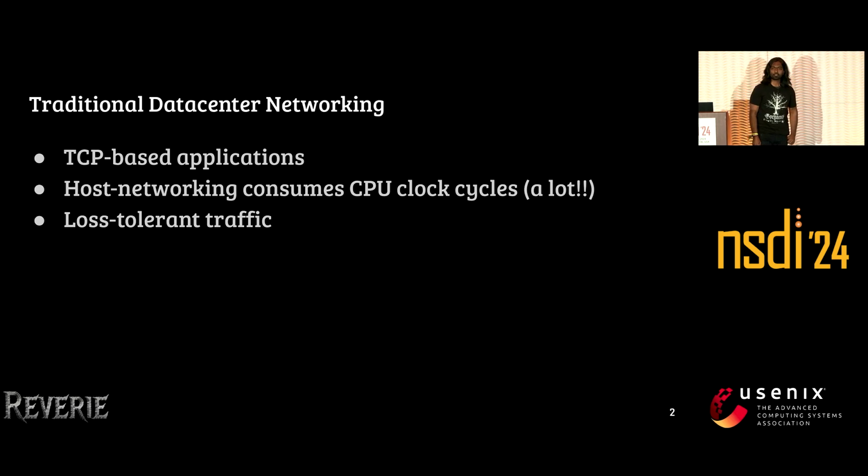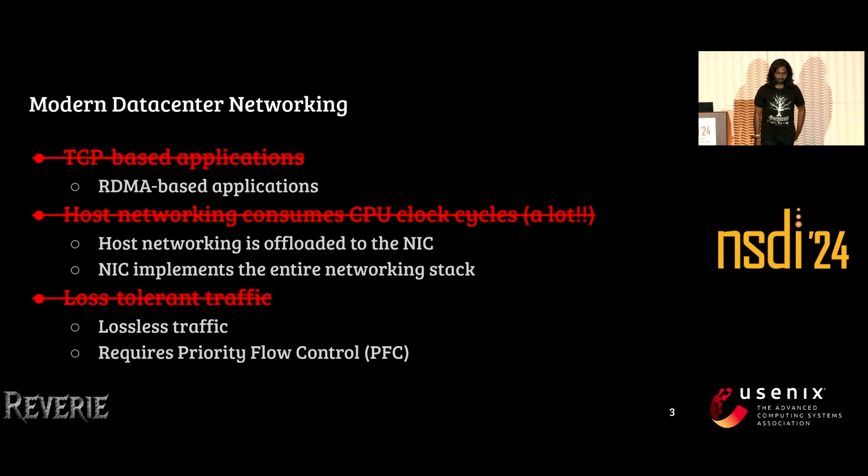Traditional data center networking involves TCP-based applications. The host networking consumes quite a lot of CPU clock cycles. Traffic is in general loss tolerant in traditional data center networks. Modern data center networks are slightly different. They are mostly applications based on RDMA.